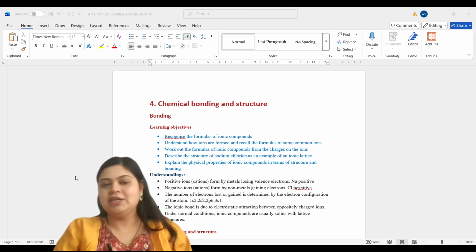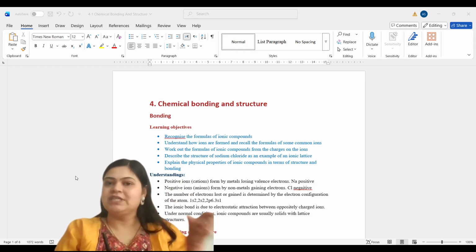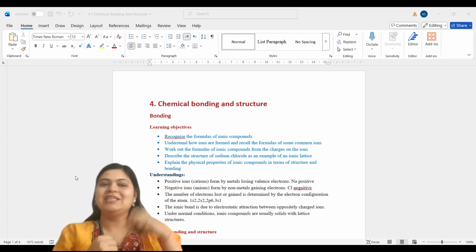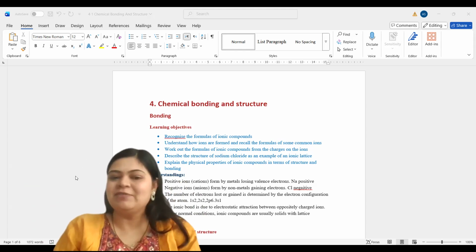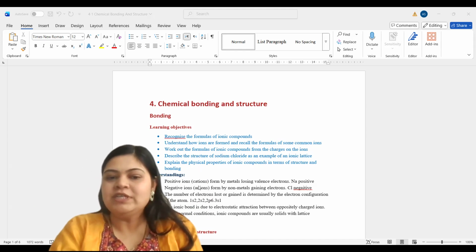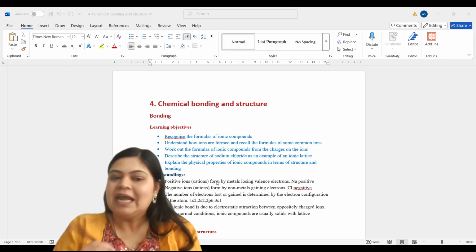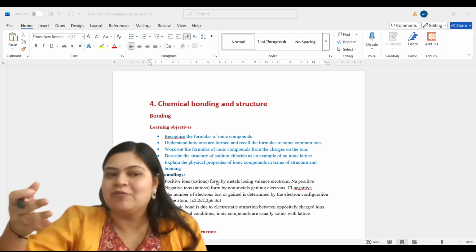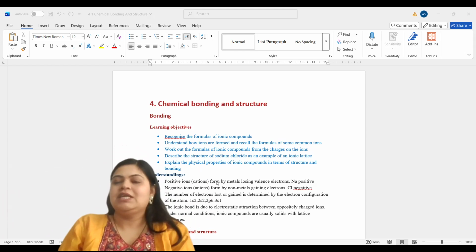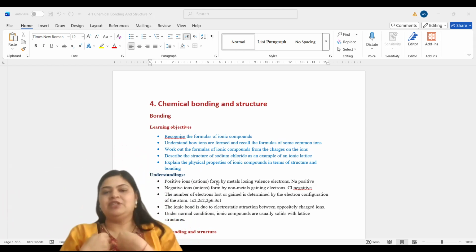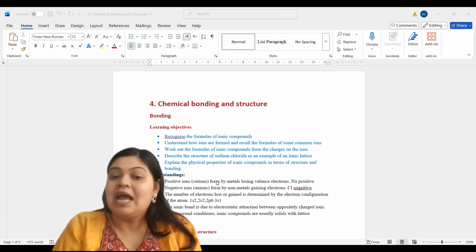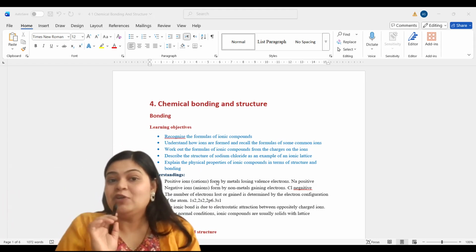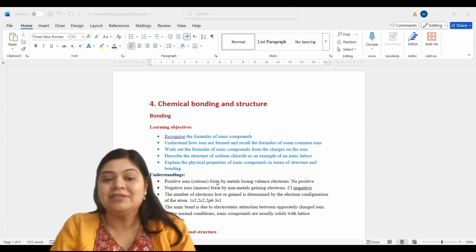Here we go, understanding the positive ions and the negative ions. Positive ions are cations, which are ready to donate electrons. For example, sodium is positively charged. Negative ions are anions.